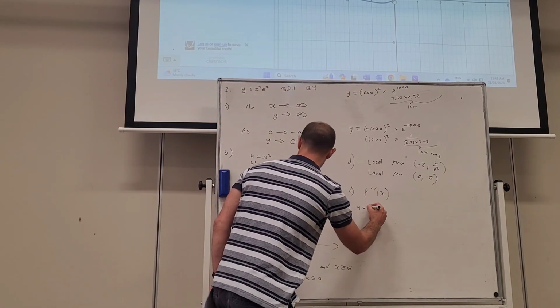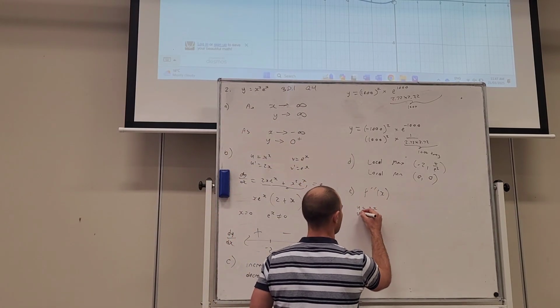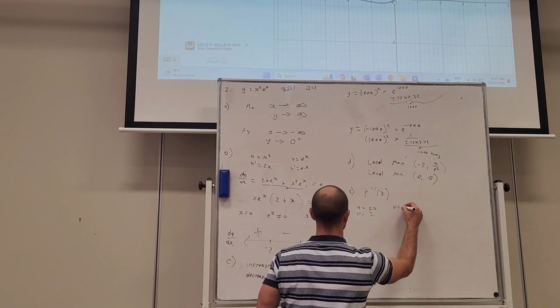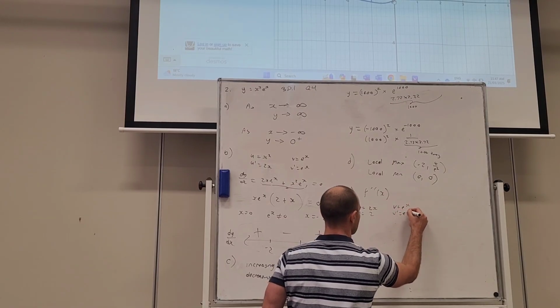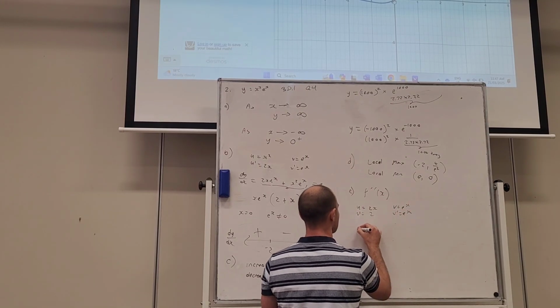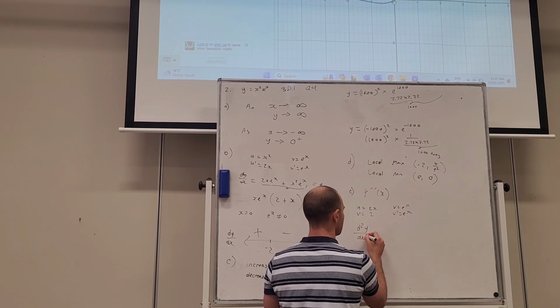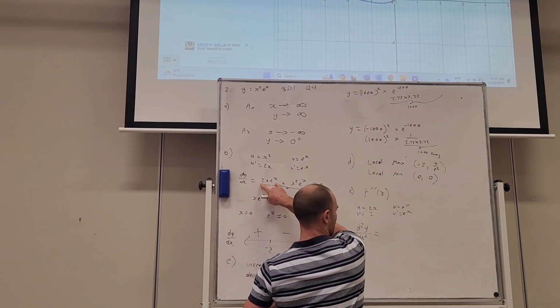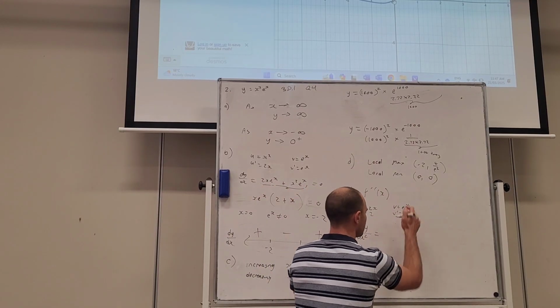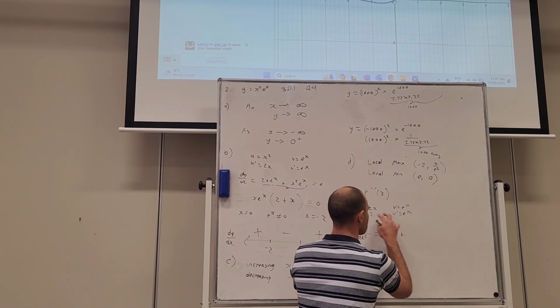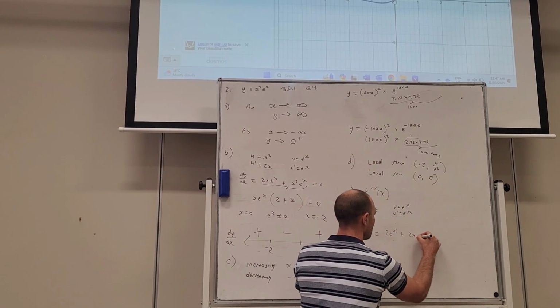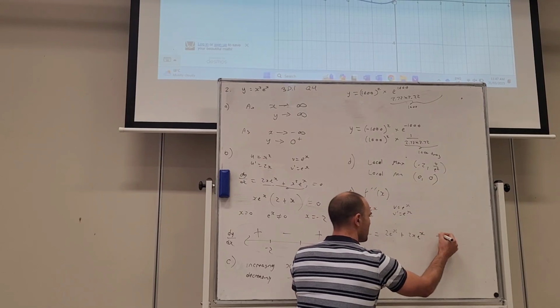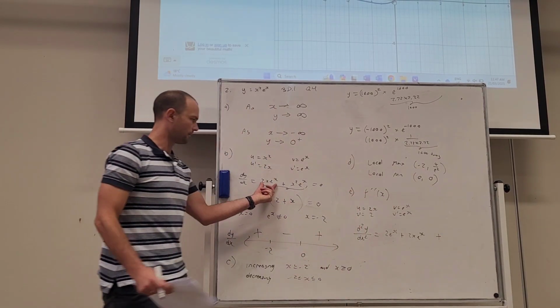So we're going to have u is 2x, u dash is 2, v is e to the x, v dash is e to the x. All right, so here's the second derivative, d squared y on dx squared. So the first part, I'm just focusing on that first part, u dash v plus u v dash. All right, so that's the derivative of the first part.